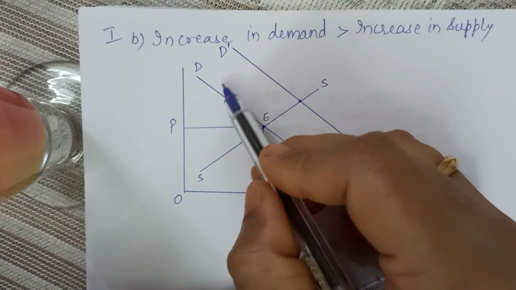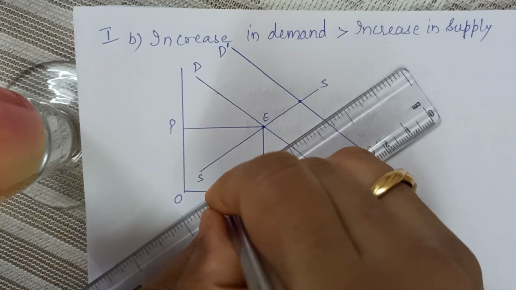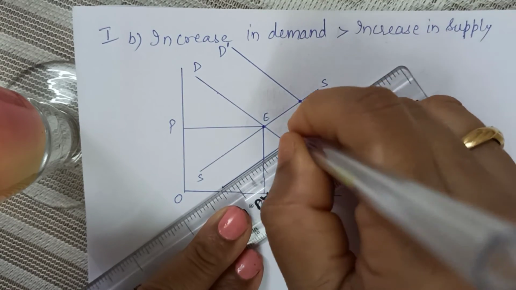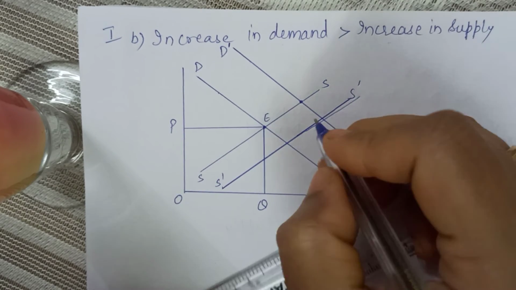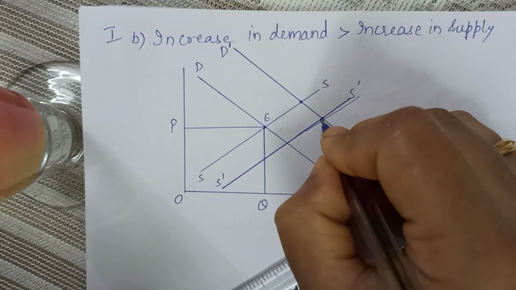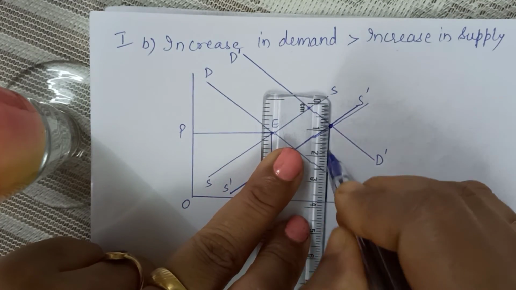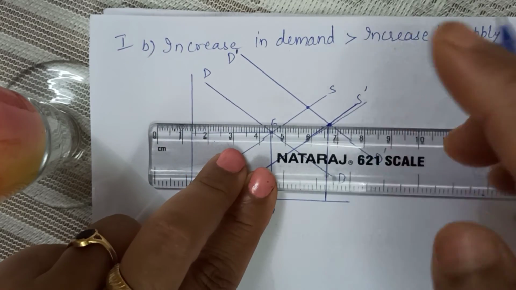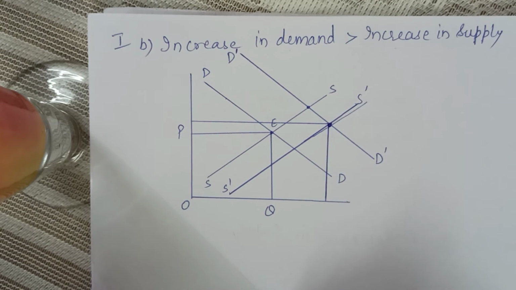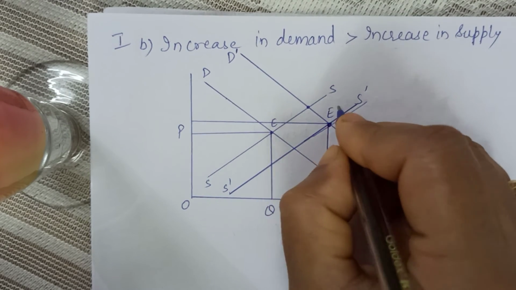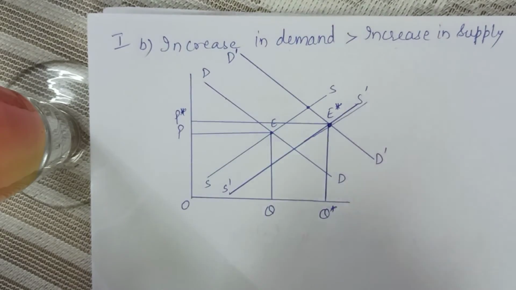It means more increase is here, but less increase will take place in supply. S dash, S dash. Now here we got new equilibrium point, and accordingly we can see E star, Q star, P star.